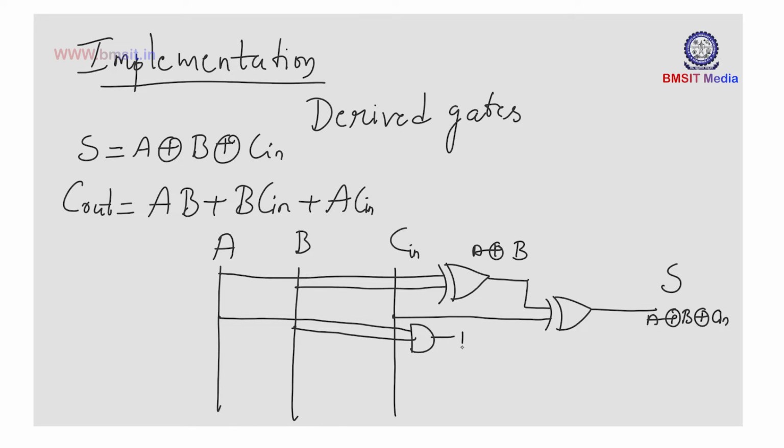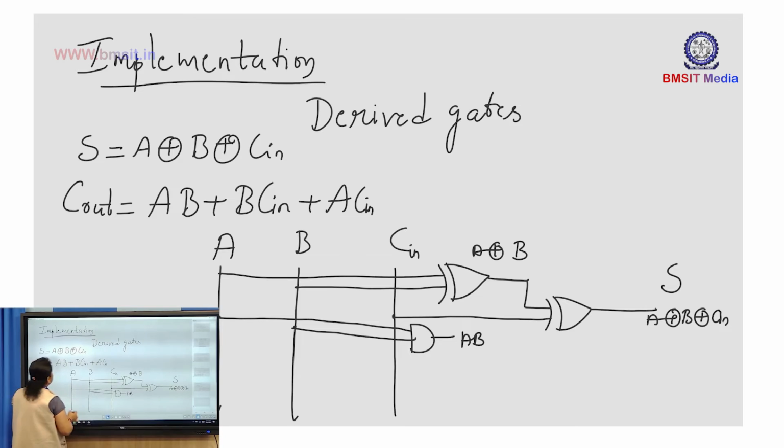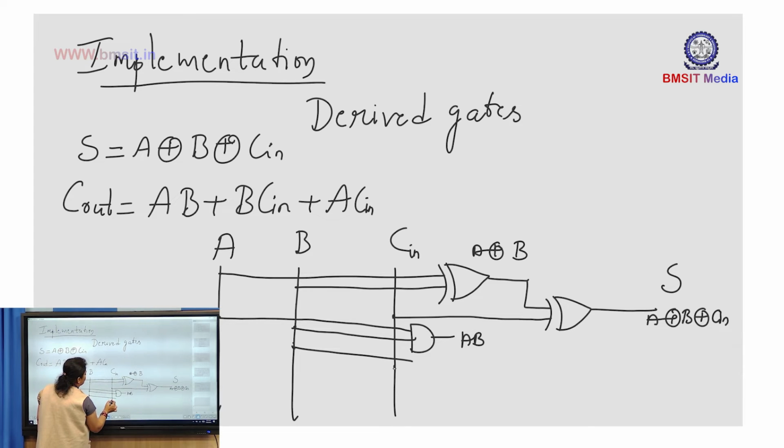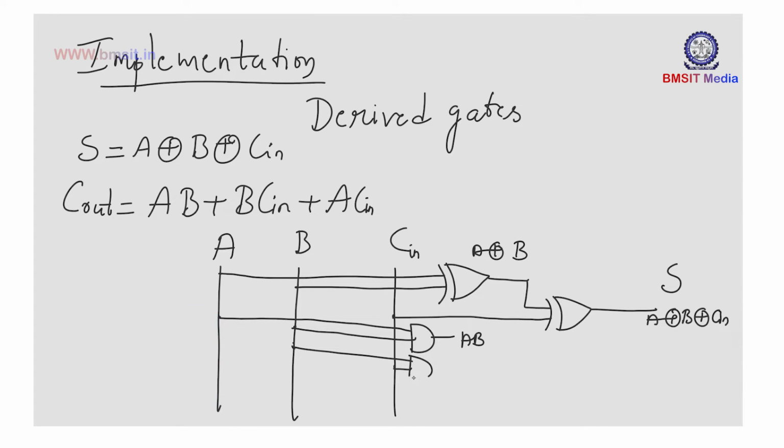So here I will be getting AB. Next pass B and C through another AND gate, B and C in. So we will be getting B C in. Next pass A and C in through another AND gate.